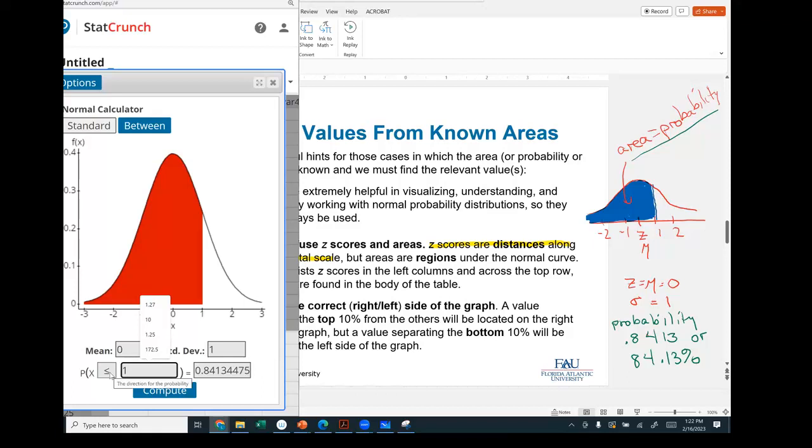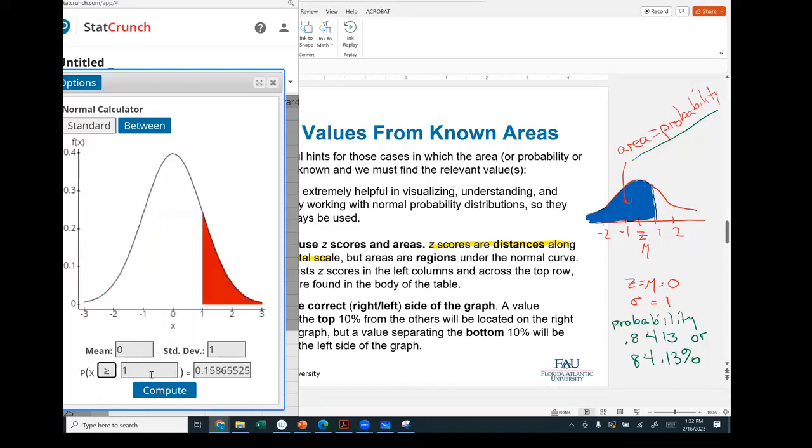If I wanted to know the probability that it's greater than 1, now notice it's highlighting the other side, and this would be 1 minus 0.8413. So that's basically how we're looking at it. The area in red is the probability, and the z-score is here at the bottom. Okay.